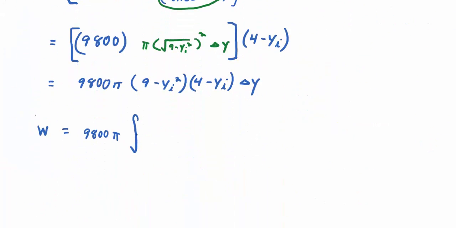Okay, so -3 to 3, and then what does the integrand become? Just 9 minus y squared, right? As a quantity times the quantity 4 minus y.